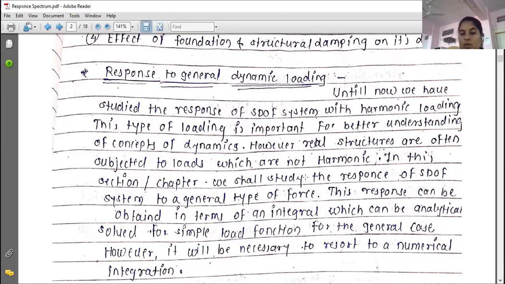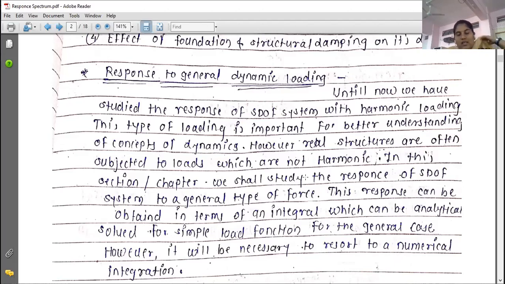This response can be obtained in terms of an integral which can be analytically solved for simple loading functions, like triangular and rectangular loading. However, for a general case it will be necessary to resort to numerical integration.